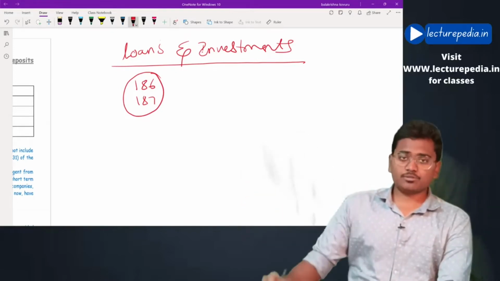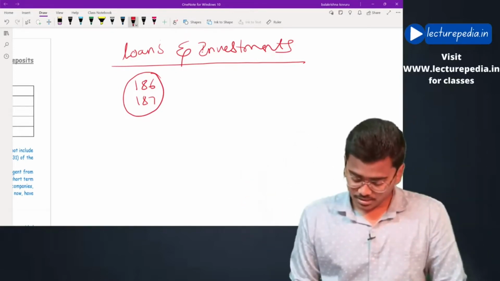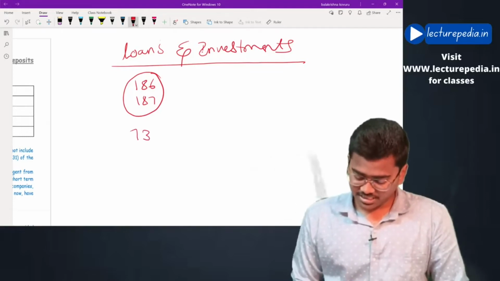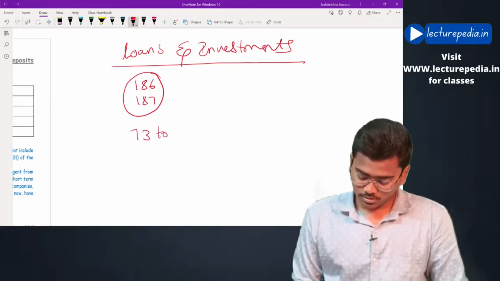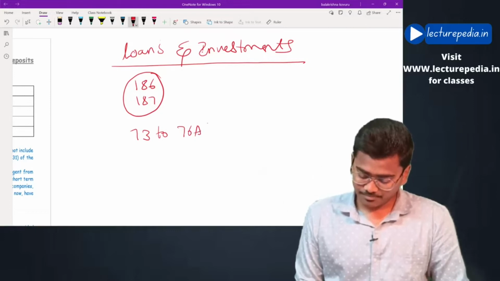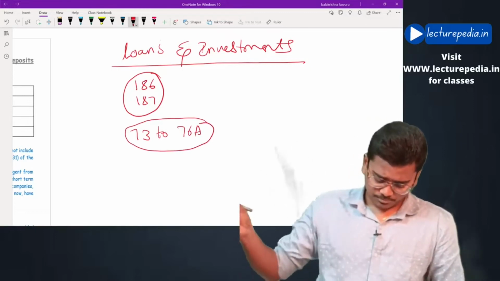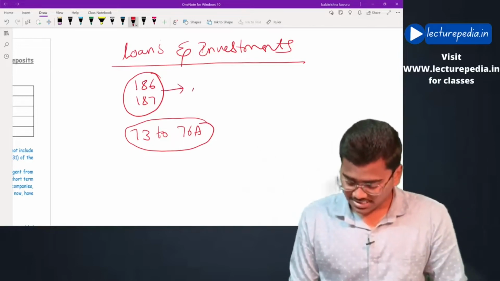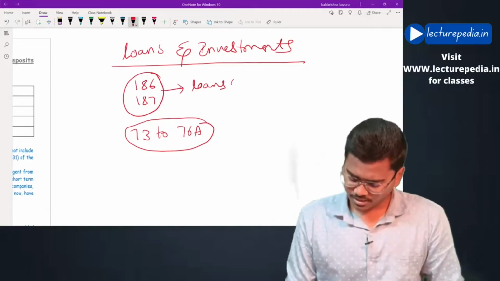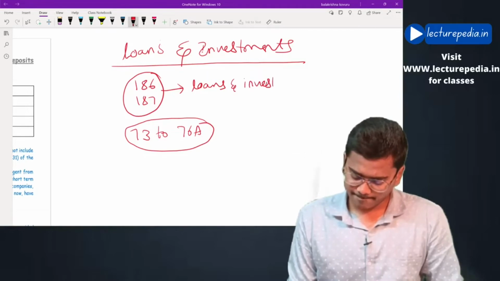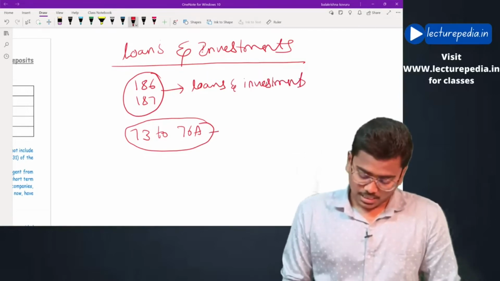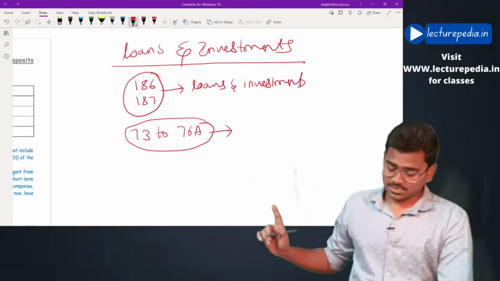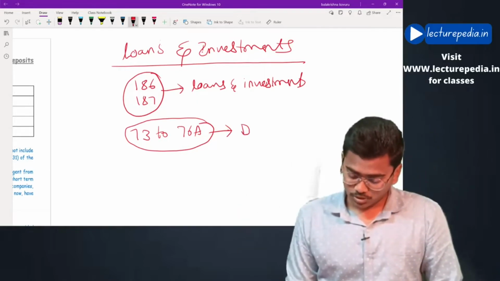And apart from these two sections, section number 73 to 76A, we have around 5 sections. Now these two sections are related to loans and investments, and the remaining 5 sections are related to deposits.